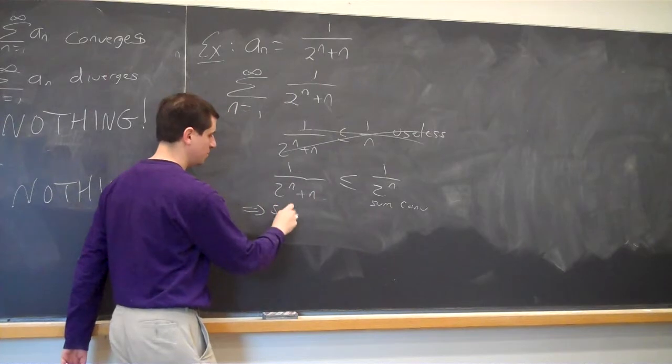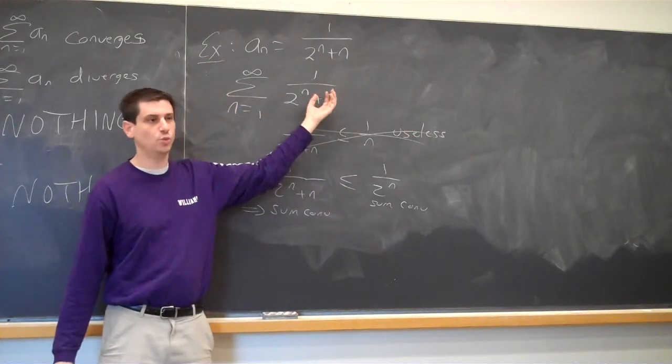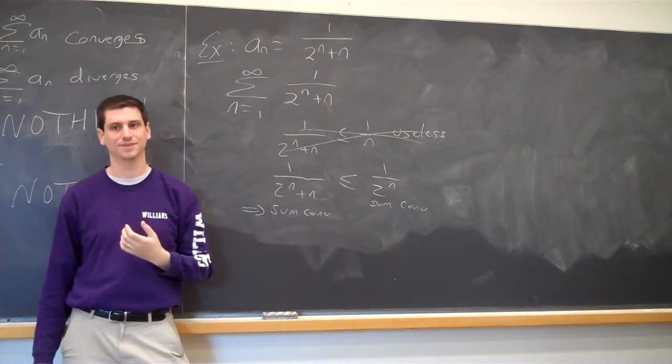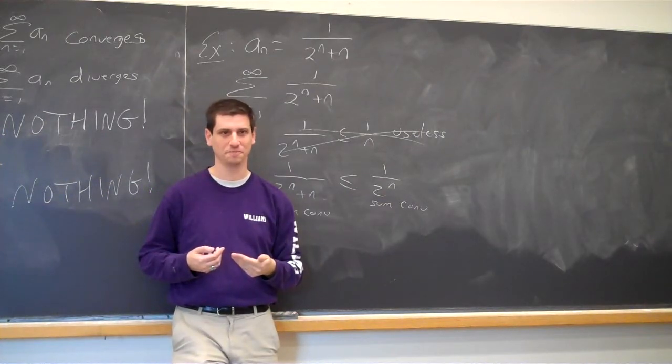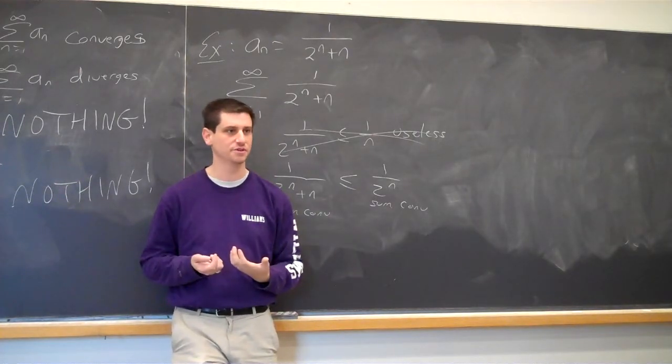Therefore, this sum converges. The way to view this is, when n is large, what does the denominator look like? If n is huge, it does look like 0, but let's do a refined 0. So if n is 10,000, what is the denominator for all practical purposes?